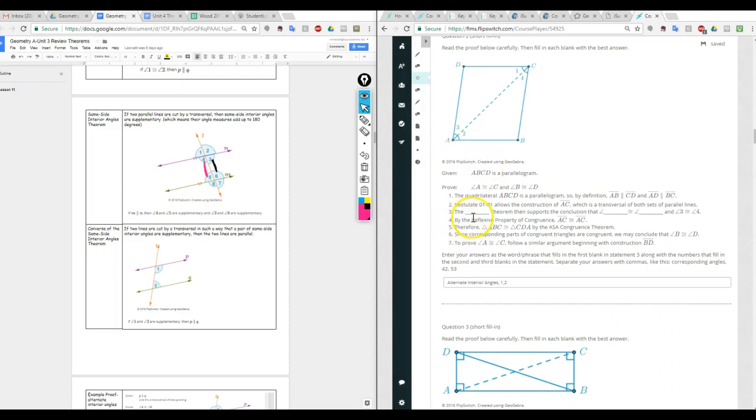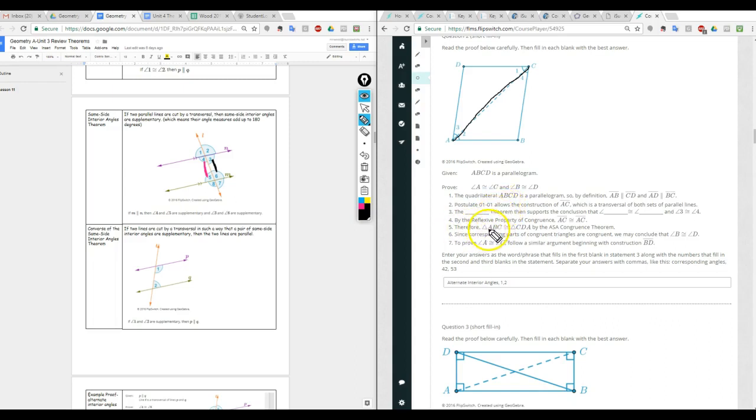By the reflexive property of congruence, side length AC is congruent to itself. Yes, reflexive I think of as reflection, and since AC is itself, that's a reflexive property. That's how I remember it, at least.